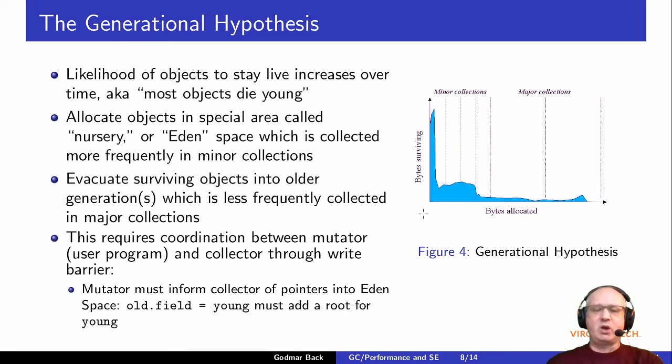Okay. So because of this, some garbage collectors, including the G1 collector that is the default in Java as of today, use different generations. So when an object is allocated, it goes into the first generation, and it goes by different names. Nursery is one, or something called the Eden space.